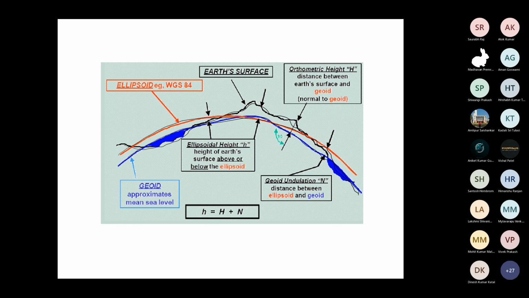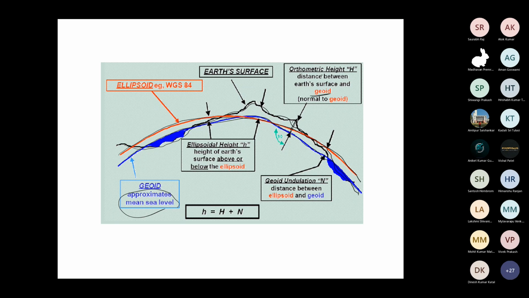You got my point? Yes, sir. Now the calculation comes very easy. In this geoid, the approximate mean sea level, if I want to know the orthometric height, I define the distance between the Earth surface and the geoid.